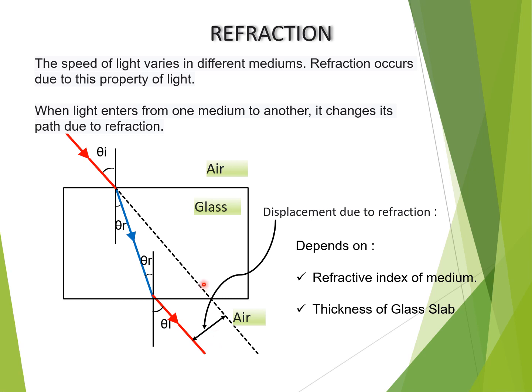We'll study more about it. Had this glass slab not been there, the light ray would have gone straight in this direction. But because of the glass slab, it has refracted first and then a second time. Though it is parallel to the original, there is a displacement. This displacement due to refraction depends upon the refractive index of the glass, and of course the thickness of the glass slab.